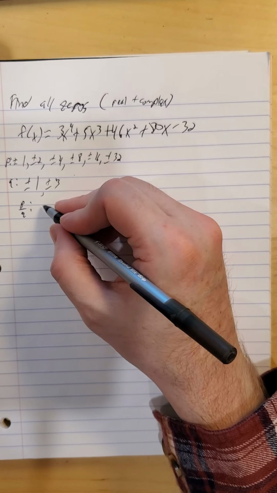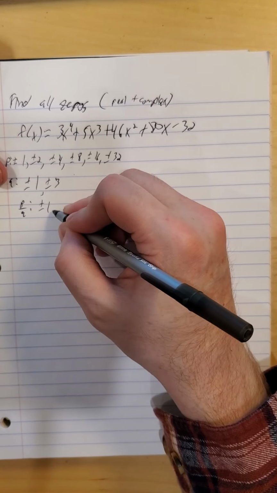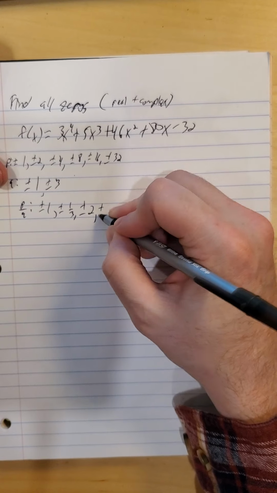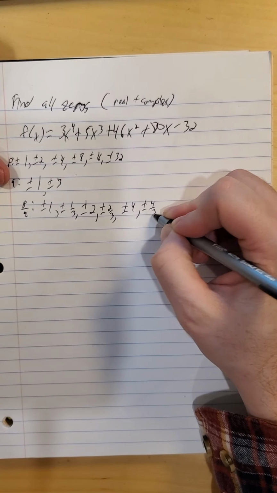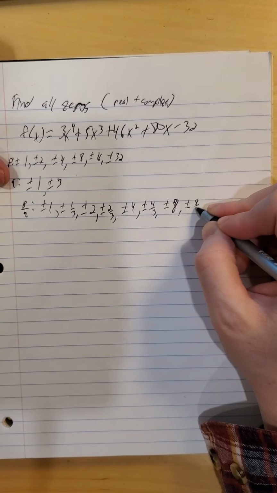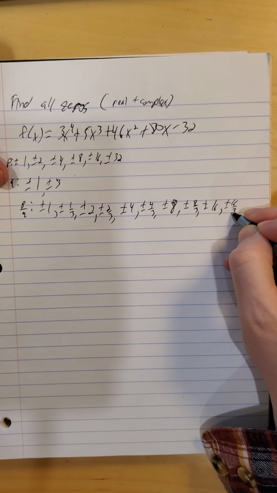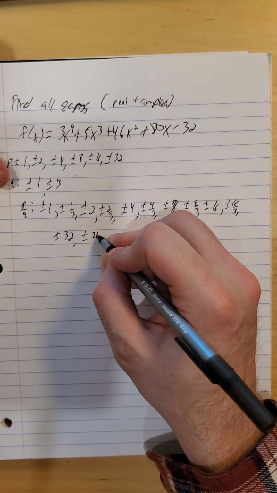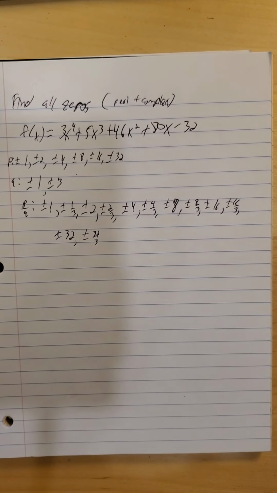So p over q, each of these over 1, and then each of these over 3. So plus or minus 1 over 1 is 1, plus or minus 1/3. Plus or minus 2, plus or minus 2/3, plus or minus 4, plus or minus 4/3, etc. So there's our list of p over q's.